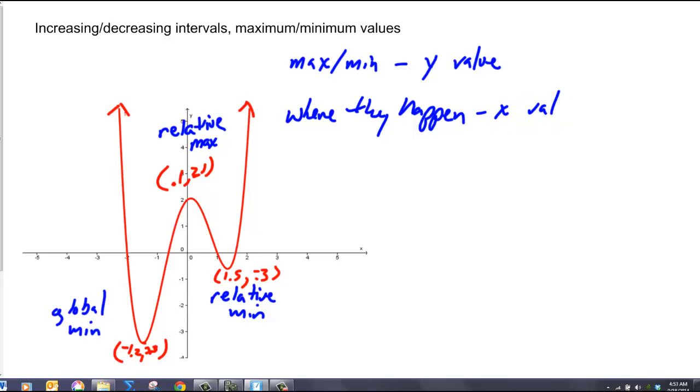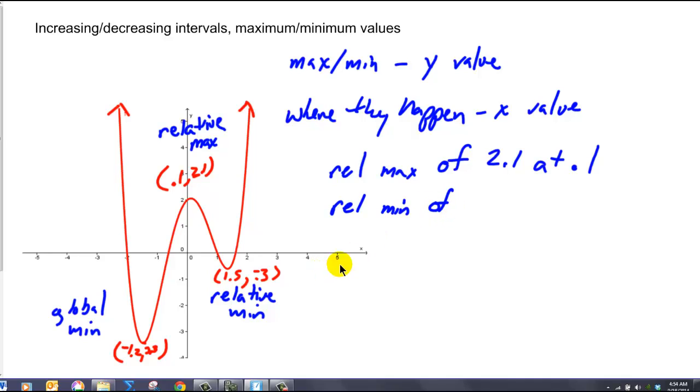So if I wanted to state some of this, I would say I have a relative max of, so I look over here and I say, well, this is about 2.1, that's its y value, at an x value of 0.1. Likewise, I have a relative min of, and I look for the y value, negative 0.3 at 1.5.